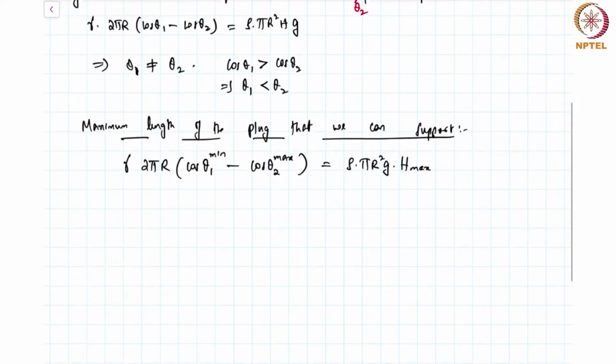Now there is of course a limit to how large and how small you can go. So the idea is the following. We'll call theta 1 min theta r, or we'll just maybe use capital R, and theta 2 max we'll call theta a.